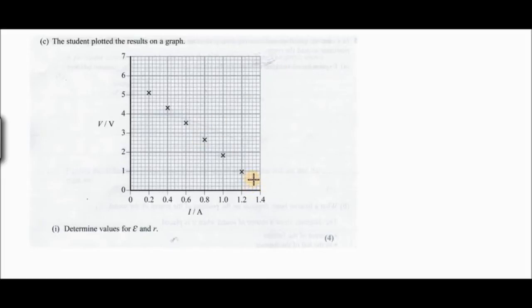It will be something like that. Okay, so this is my best fit line, and now we determine the value of the resistor.